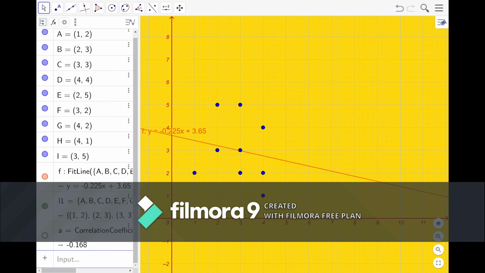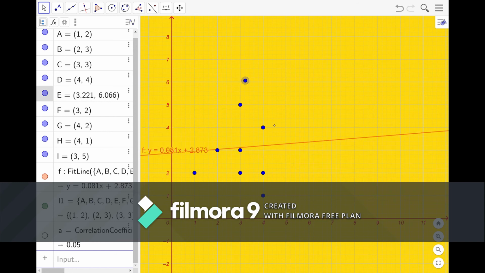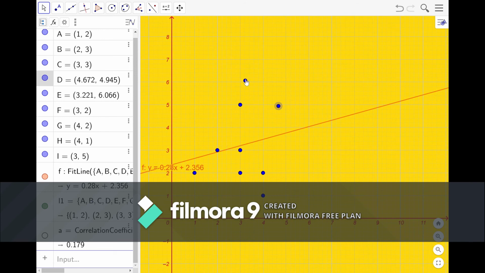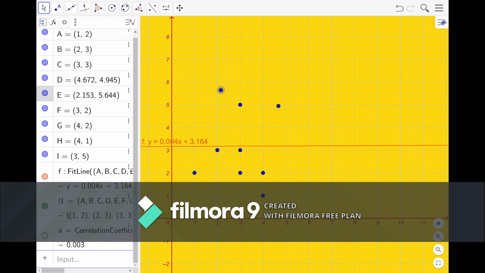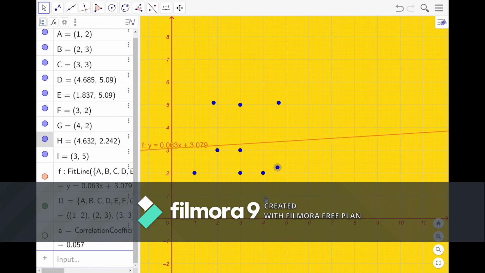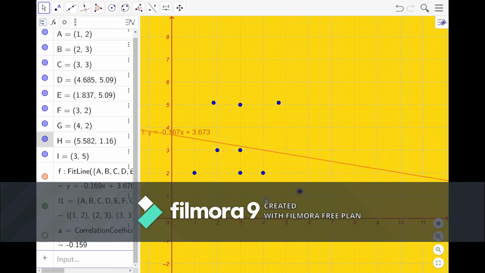Now in this diagram, suppose we move these points, see, this is negative. The slope is negative. Suppose I try to move these points like this, see, it looks like I have a line which is coming almost horizontal. You see, the equation changes. As I move these points, the equation changes and the coefficient also changes. When it has a negative slope, the coefficient is negative.